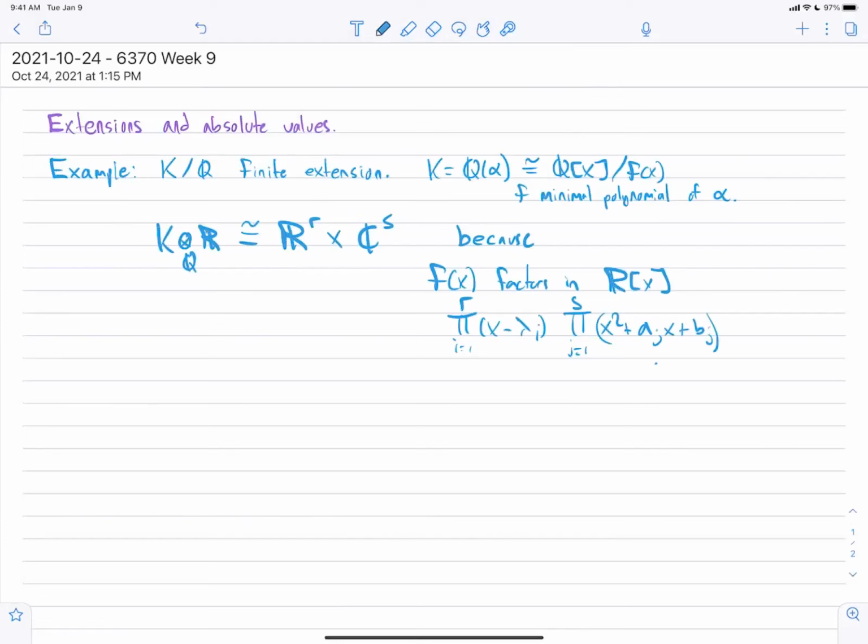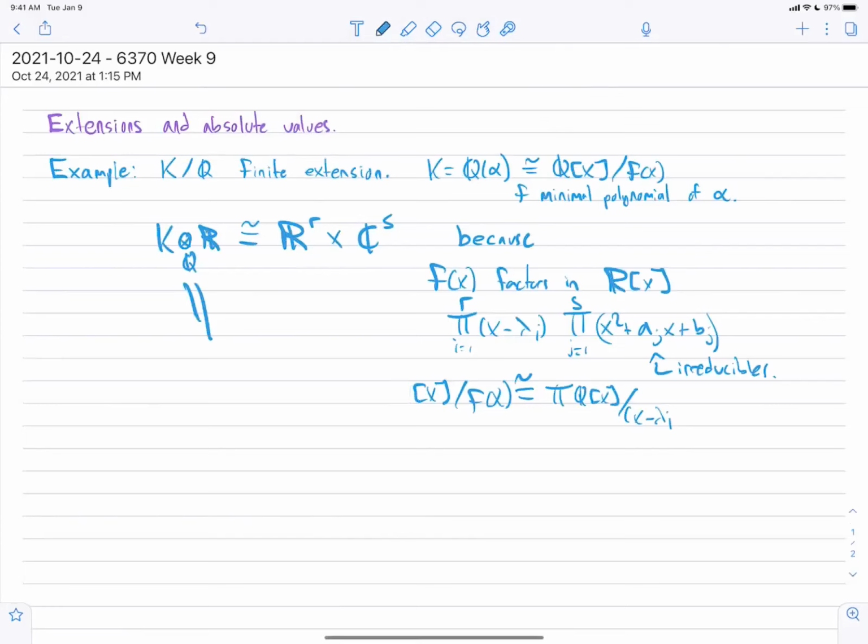So these are irreducibles, and all these things are distinct. And these give you the real embeddings. So you get Q[x] mod f(x) is isomorphic to a product by the Chinese remainder theorem. Sorry.